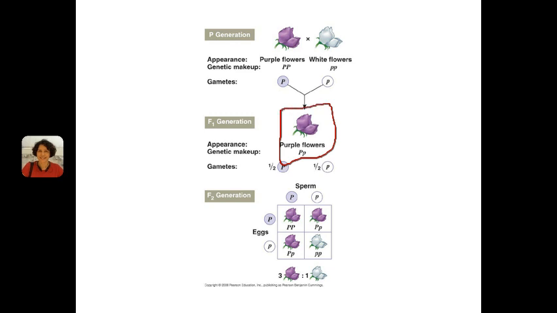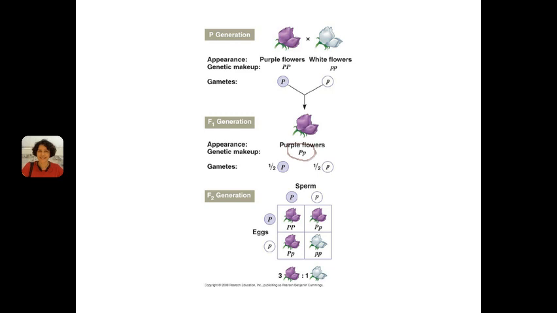That is the phenotype of that individual. The individual is purple. It has purple flowers. The genotype is heterozygous. It has one allele that is the capital P for purple and another allele that has the lowercase p for white.